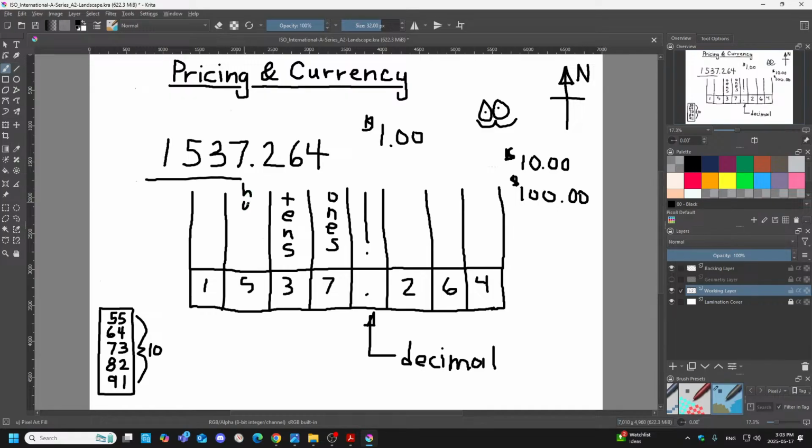I'll try to fit this in. I don't think I'll have the room for it though. So close. Hundreds place. Okay? And then lastly, 1,000.